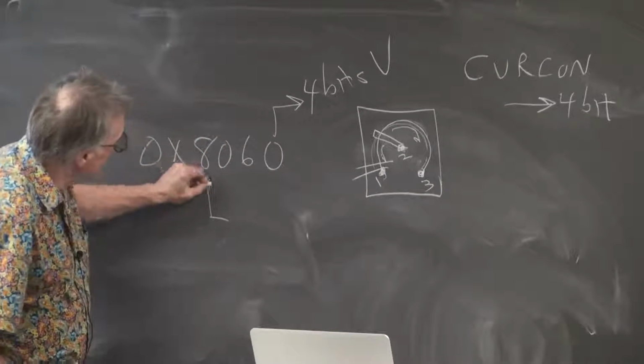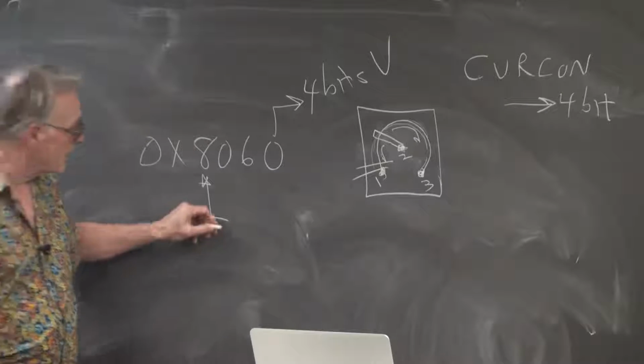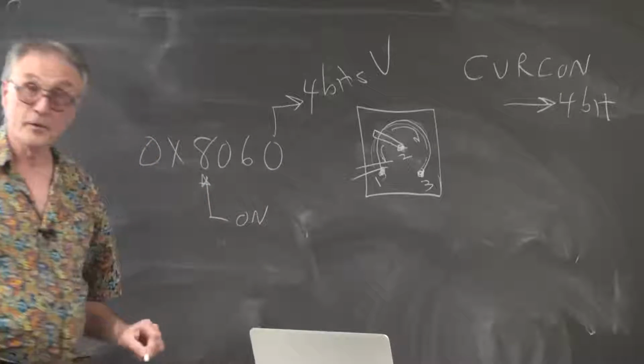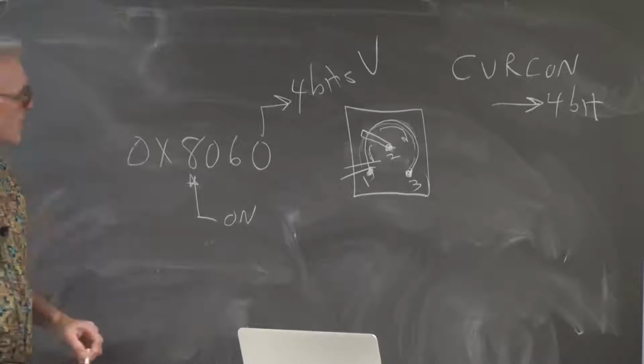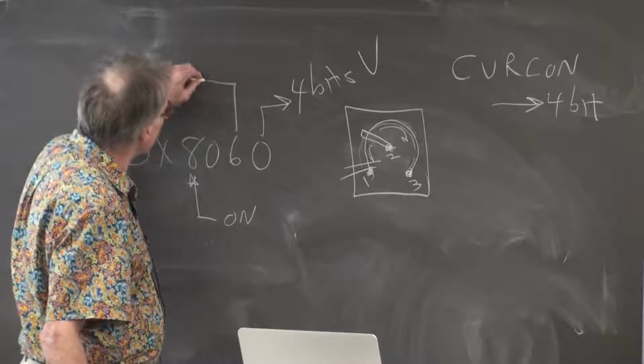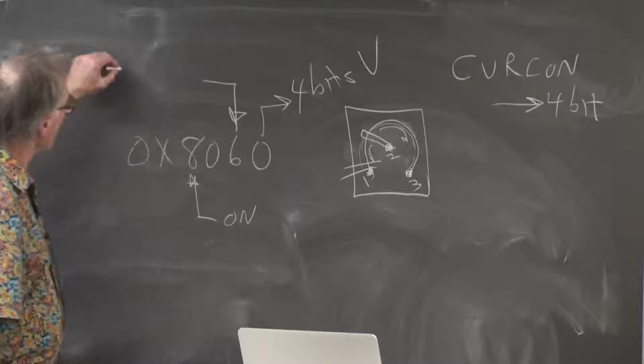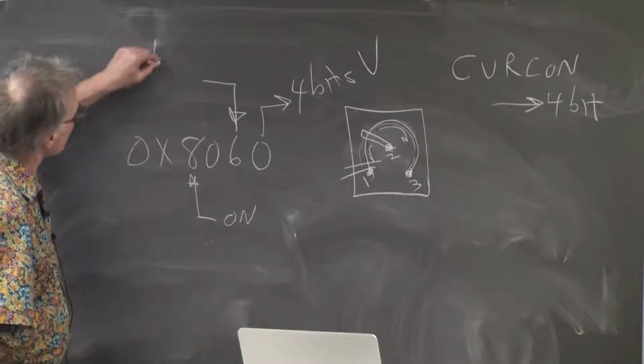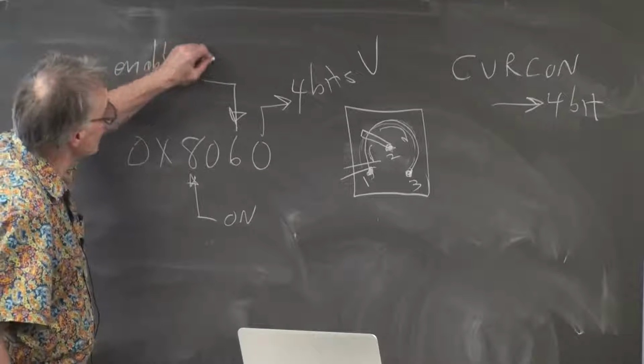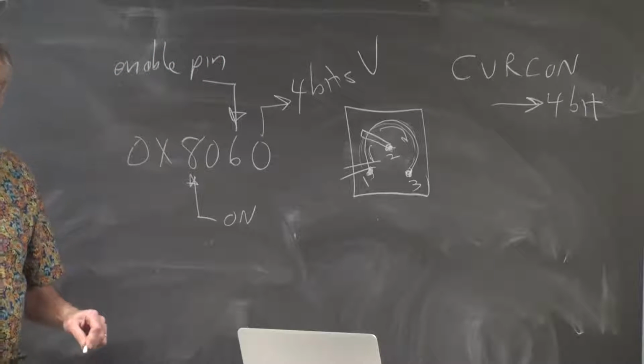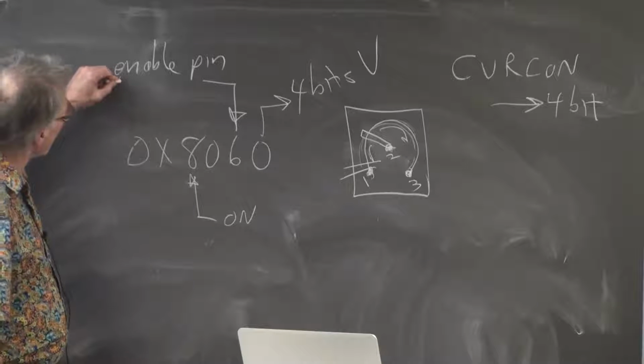It turns out that this bit is the on bit, turn on the voltage reference, and these 2 bits enable a pin, the I/O pin, and the other one sets low range.